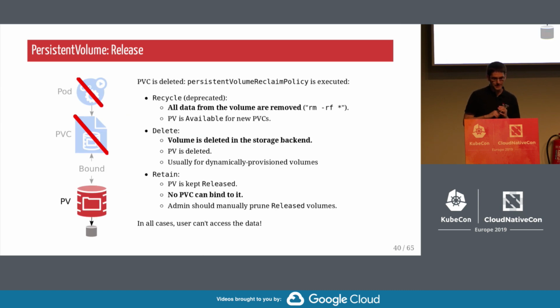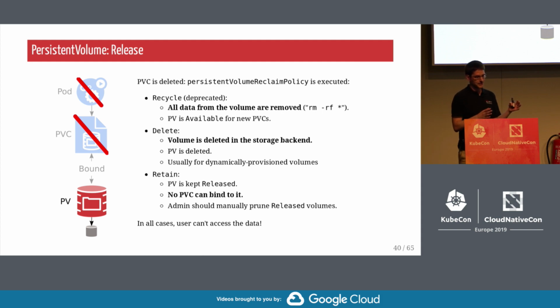And what happens is encoded in the persistent volume reclaim policy field in the persistent volume I showed you before. We support three policies. We support recycle. We support it only on NFS. Kubernetes basically deletes all the data from the volume and puts it back to the available state, so it's available to a different claim. It's kind of clunky.